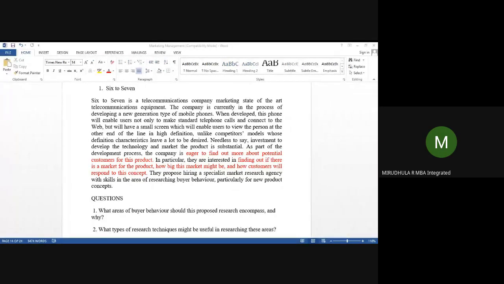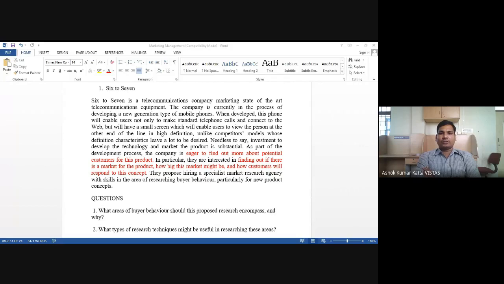For example, now I'm going to be manufacturing a toothpaste. Now, where am I supposed to introduce my toothpaste in India? In which state can I sell my toothpaste?